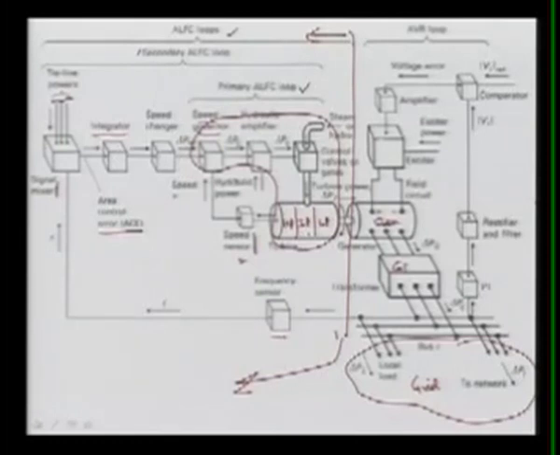Now we are coming to the AVR loop. This LFC, of course, is controlling your frequency F. Now we are trying to see what will be the control of the voltage by the generators. Here also the system voltage is assessed.